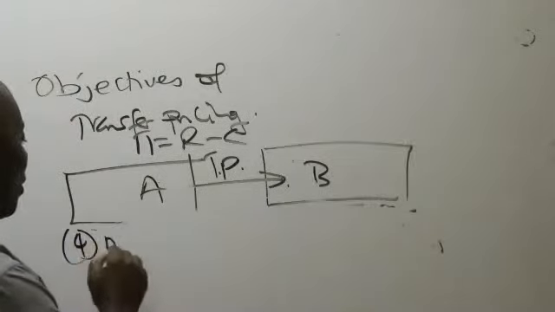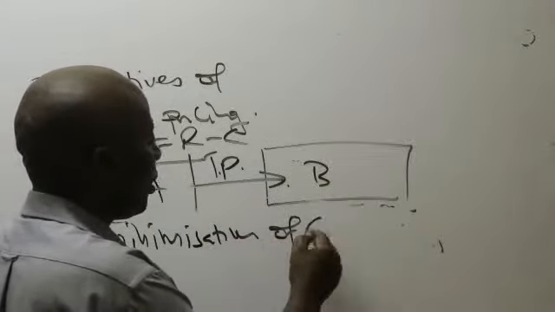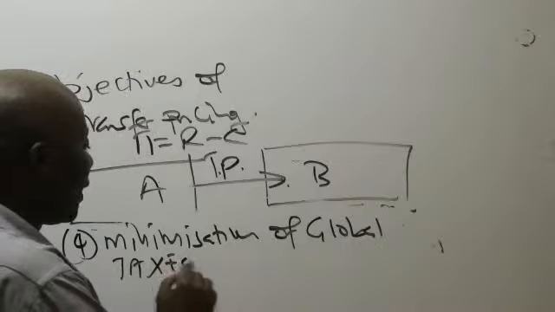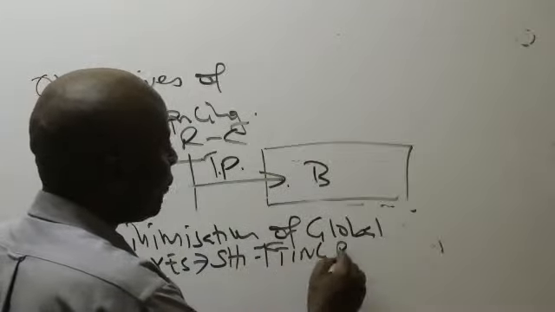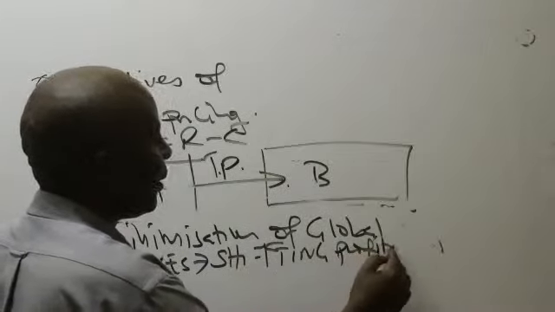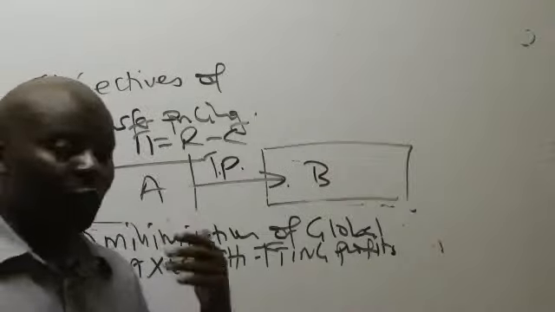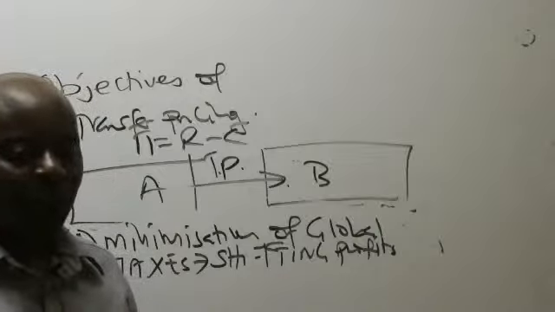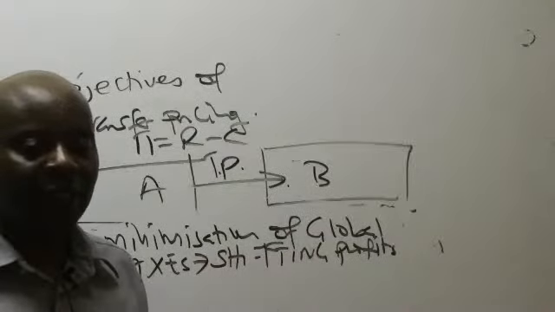Number four, we have minimization of global taxes, or you'll get some books calling it the concept of shifting profits to tax havens. You shift profits to tax havens.